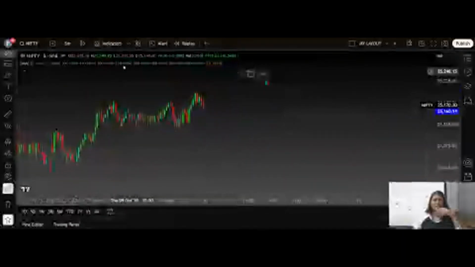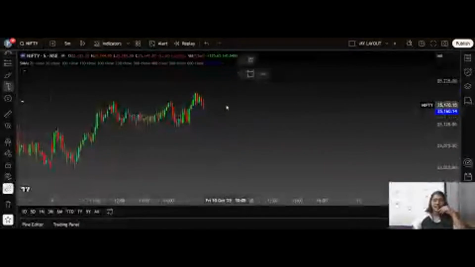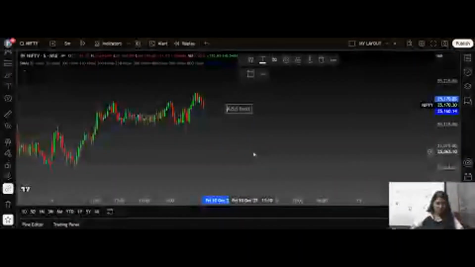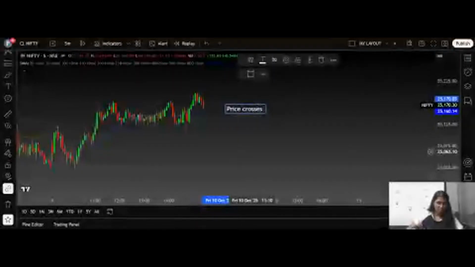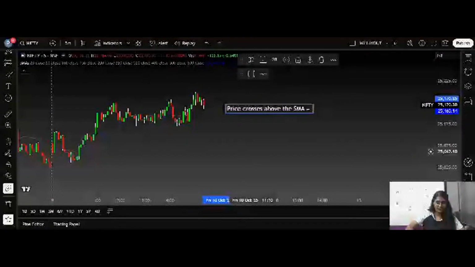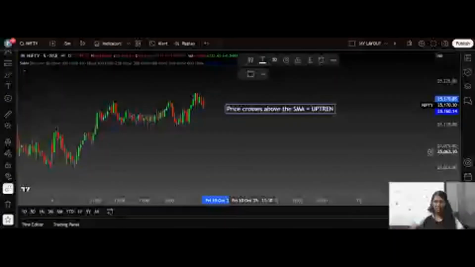I'm removing this. See, suppose the price crosses above the SMA line, then it is an uptrend.